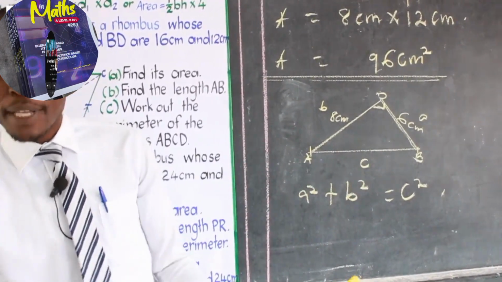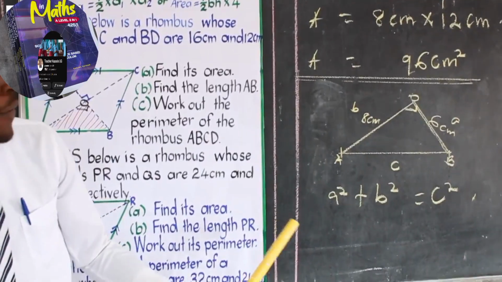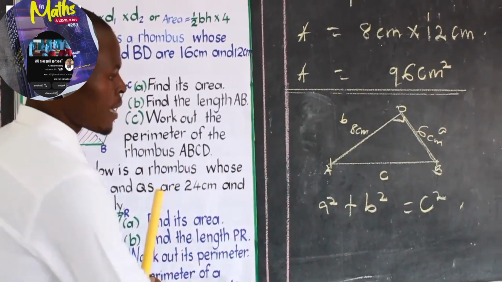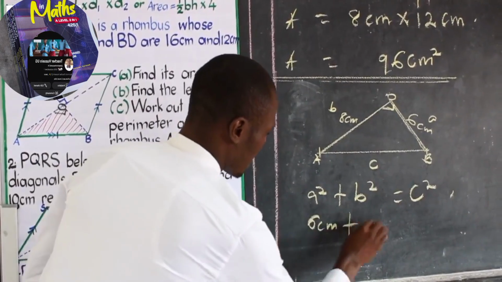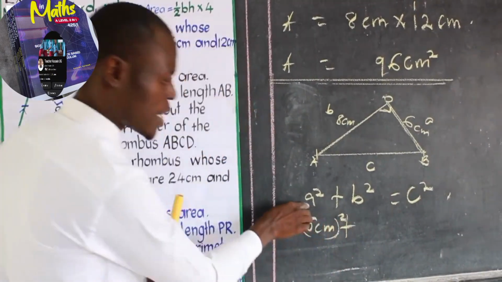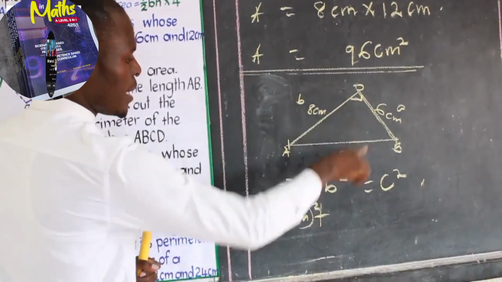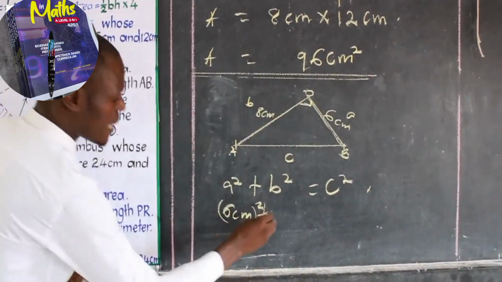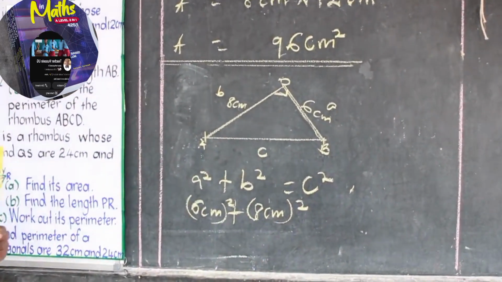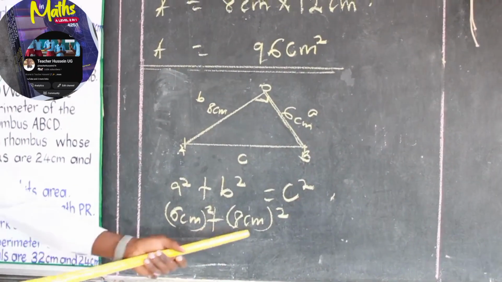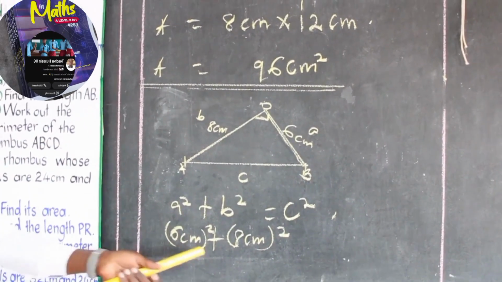Now the next step is substituting in. We've got to know that our A is 6 centimeters. That is now squared because we are squaring it, plus our B, which is 8 centimeters. It is squared. I have a reason why I'm putting these two in brackets, class. And please, I'm emphasizing the brackets.